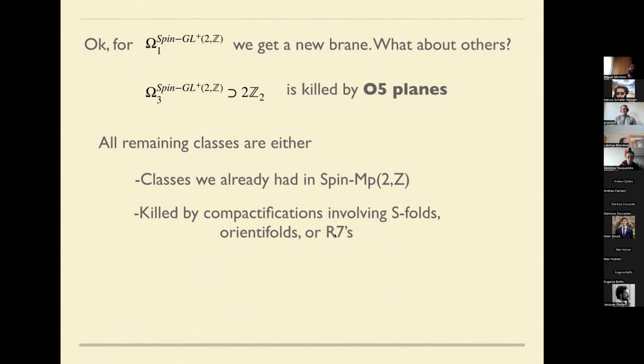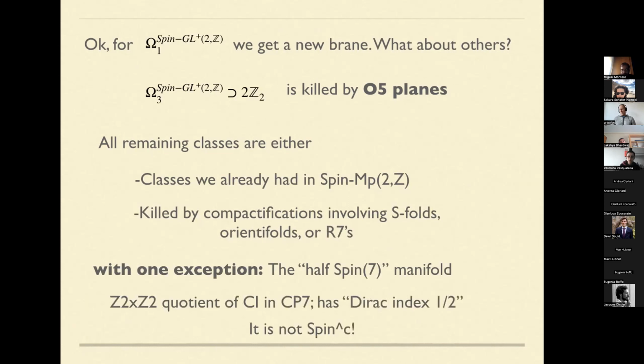So there's really nothing new at the fundamental level. There is one exception. When you have these symmetries, you can actually take a further quotient of a Spin(7) manifold to give you something non-supersymmetric, which we call the half Spin(7) manifold. It's a very interesting manifold because it is not spin, it's not even spin-C, but it has a Spin-GL+(2,C) structure.